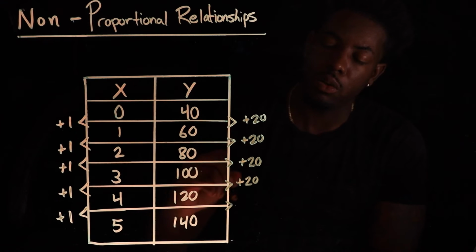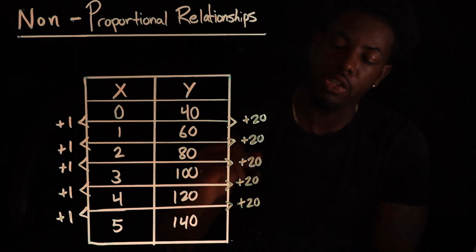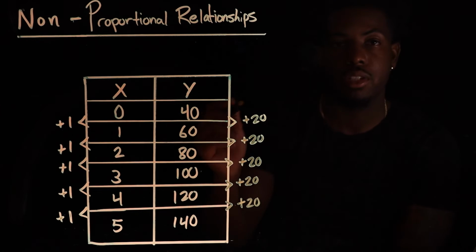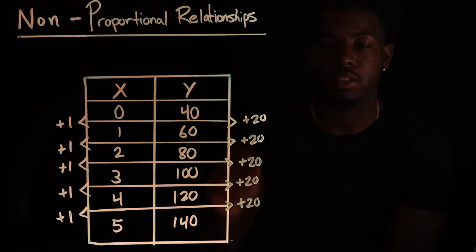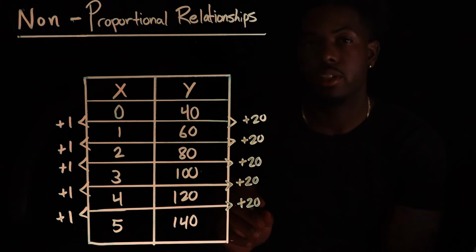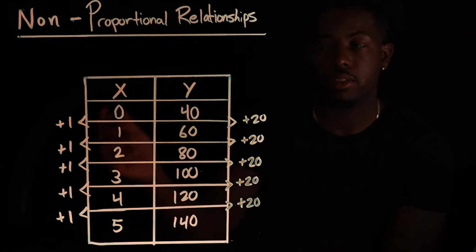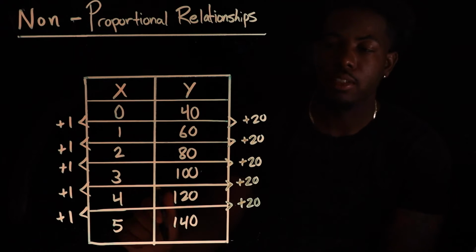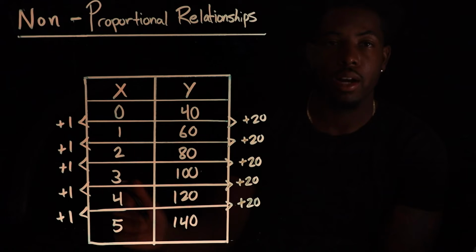So if you look close, what is our change in y values every time? Our change in y values every time is going to be plus 20. What is our change in x values every time? The change in x values is going to be plus 1. So it looks like the change in x and y is constant.